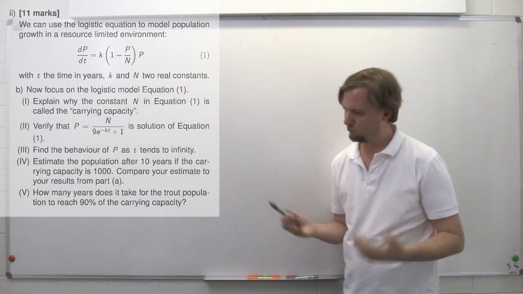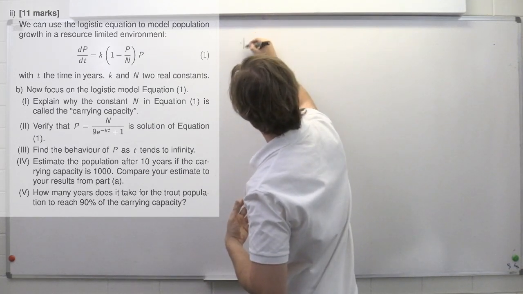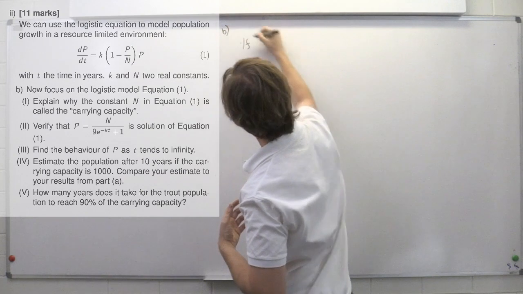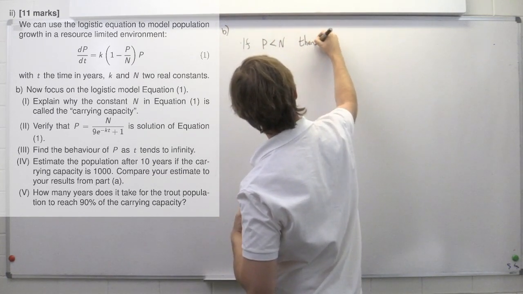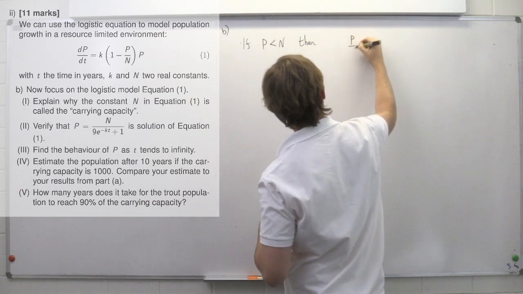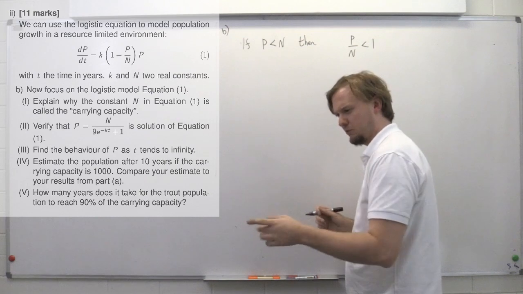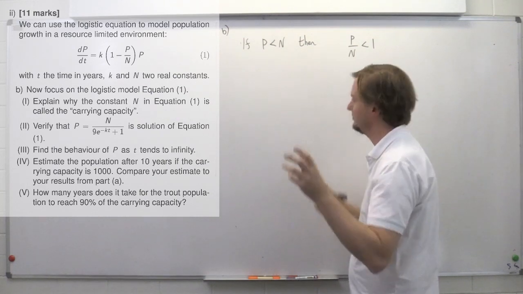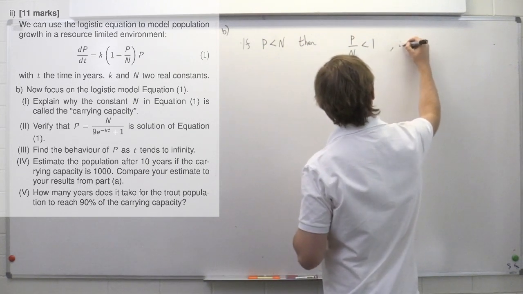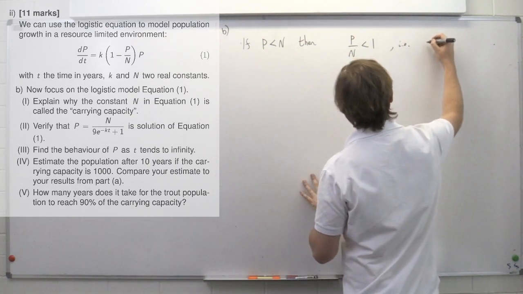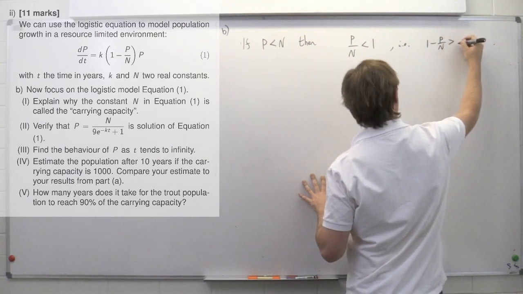So what you might notice is that if, for example, p is less than n, then what that means is p over n is less than 1. And that's quite important, because there is a comparison here between 1 and p over n. So what I'm seeing here is that 1 minus p over n is actually a positive quantity.